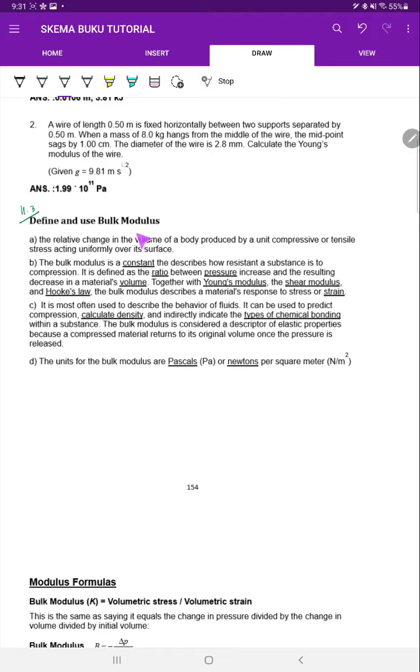Okay, define and use bulk modulus. Okay, saya boleh baca sini. Okay, the relative change in the volume of a body produced by a unit compressive. Kita tekan ataupun tensile, kita tarik, stress acting uniformly over its surface. Okay, the bulk modulus is a constant.